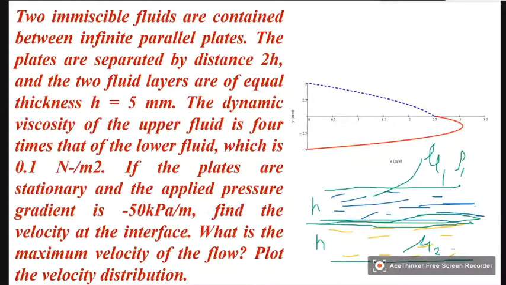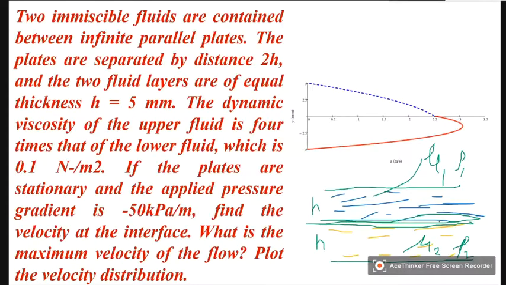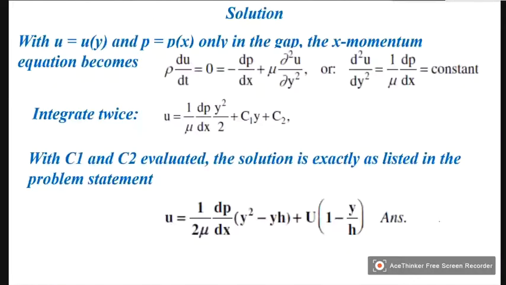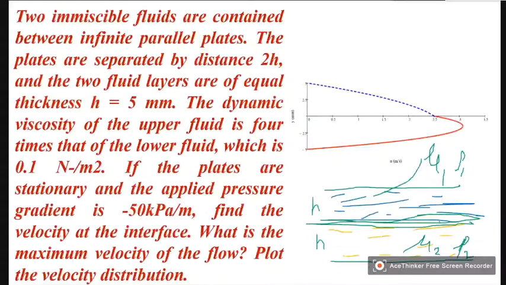Rho1 is the density of this fluid. Rho2 is the density of the other fluid. So try to solve this. So this problem and this problem are the final two problems which we will be discussing.